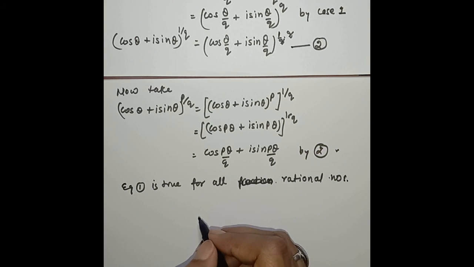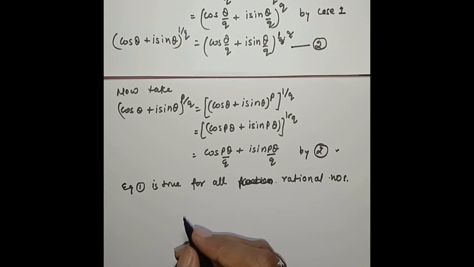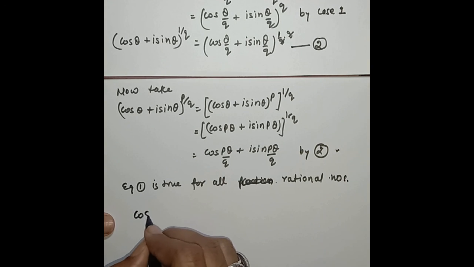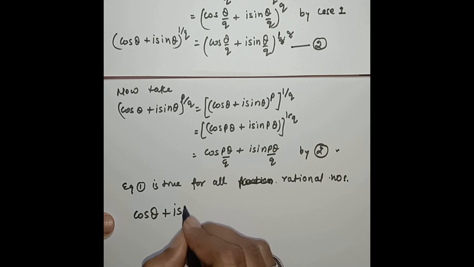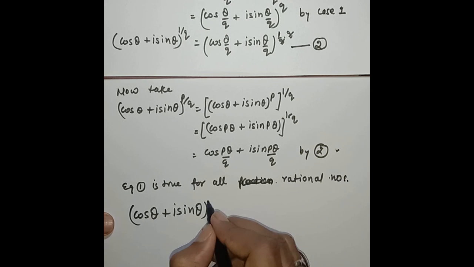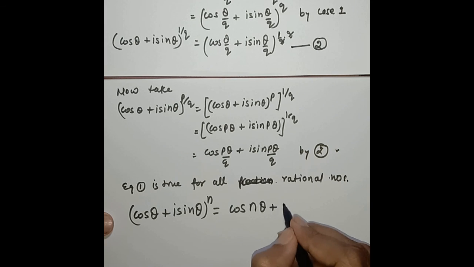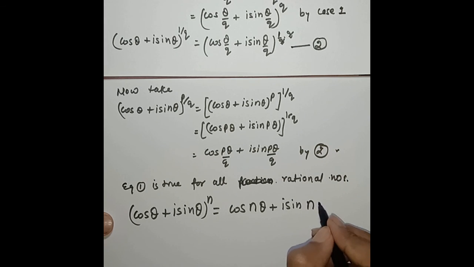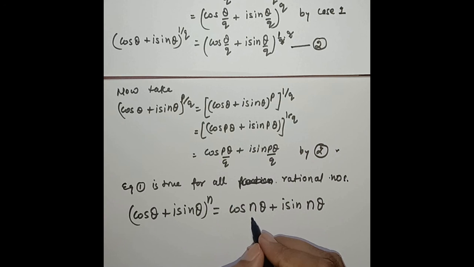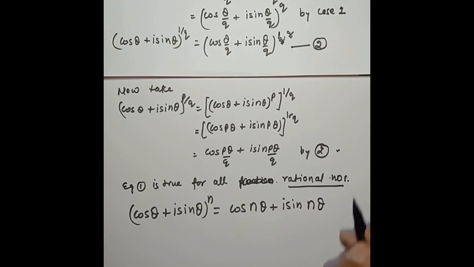This is the proof of De Moivre's theorem. That is, (cos θ plus i sin θ) to the whole power n is equal to cos nθ plus i sin nθ, where n is any rational number. Hence proved.